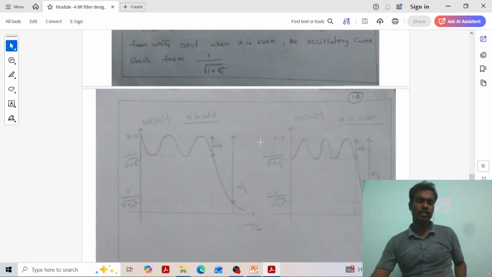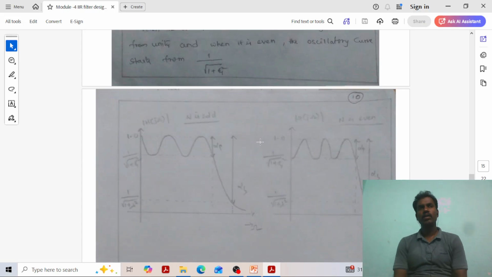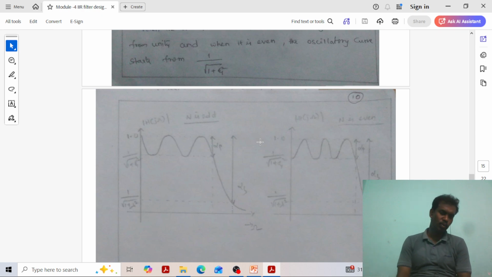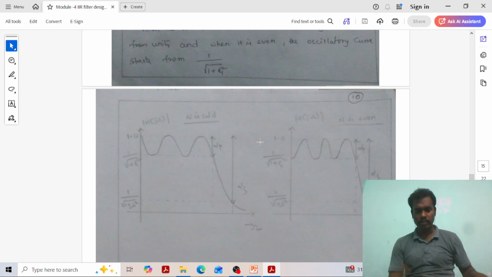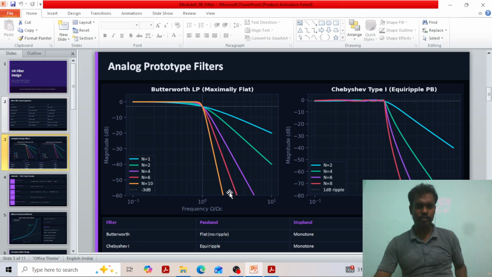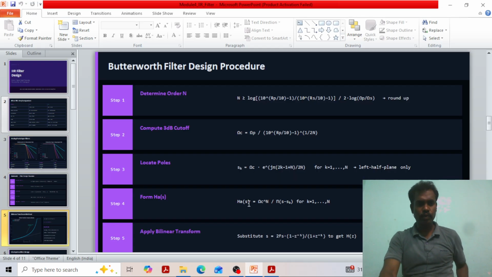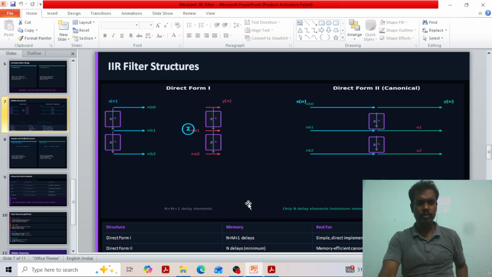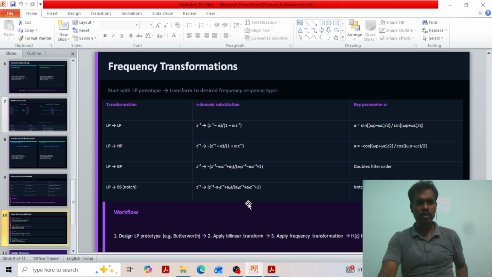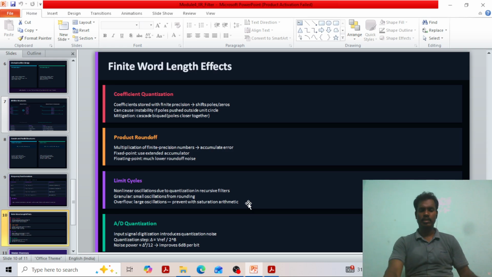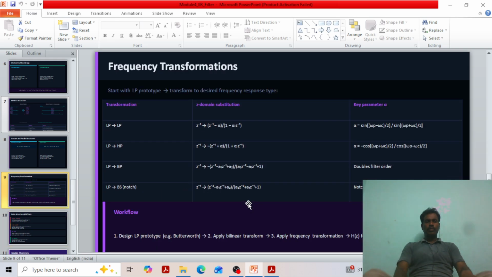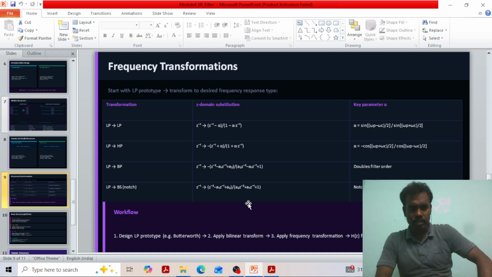So with this, the low pass filter design of Chebyshev and Butterworth is over. Now let's move on to designing high pass, band pass and band stop filters. If you see frequency transformation, from low pass to high pass, the frequency transformation can be represented by Z domain substitution.